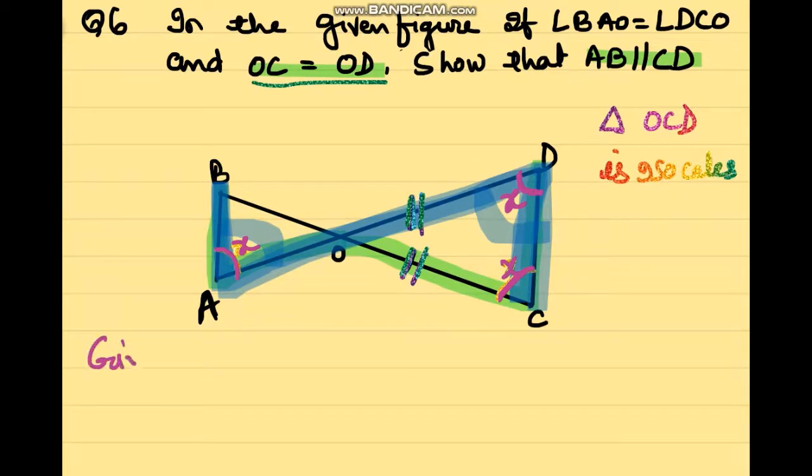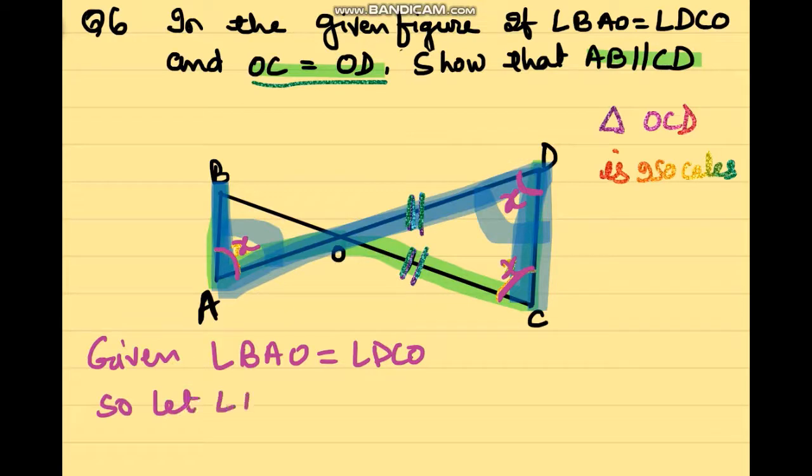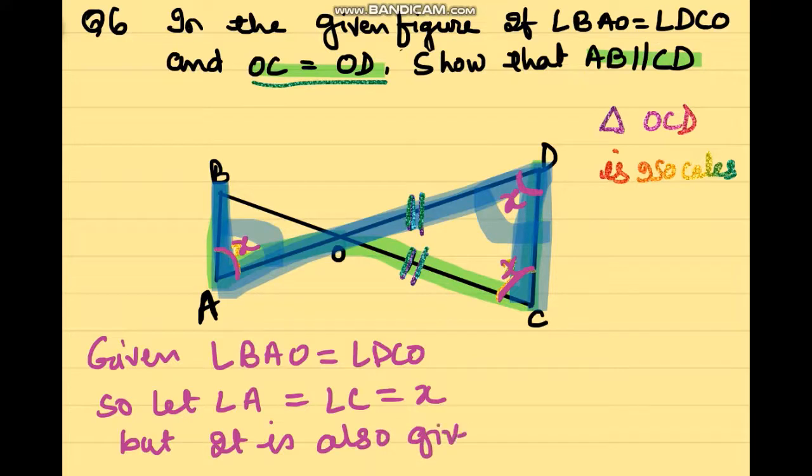Given angle BAO equal to angle DCO. So let angle A equal to angle C equal to X. But it is also given that OC equal to OD.